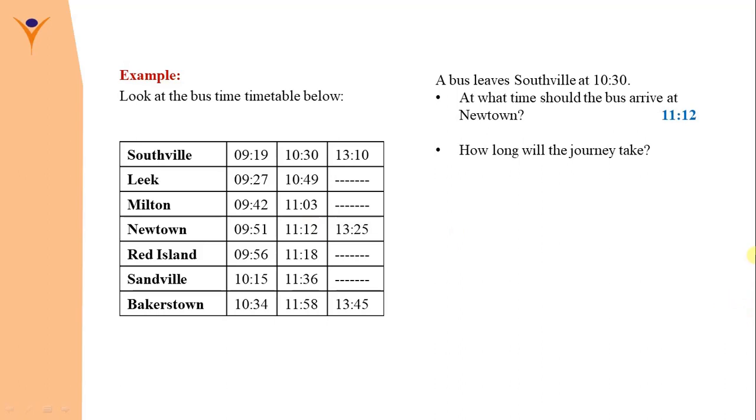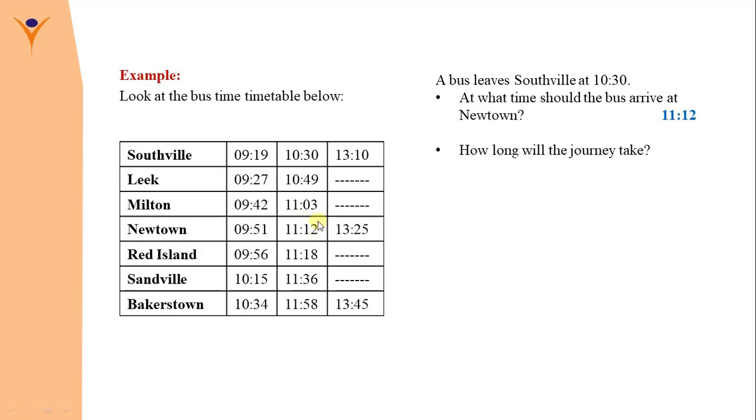Then it says again, that same bus, how long will the journey take? All you need to do is, this is 10:30, add up the time it spends to get to Newtown. So 10:30 to 11:12. How many minutes do we have there? 10:30 to 11:30 would have been 60 minutes, but this is 11:12, which is 18 minutes less than 11:30.